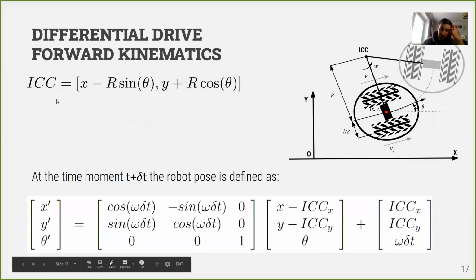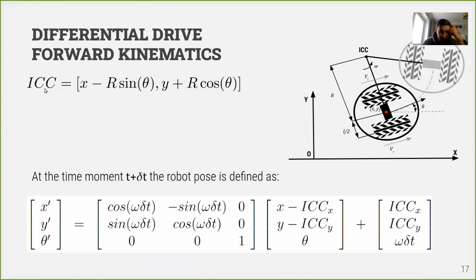And we can compute the instantaneous center of curvature by using simple triangular geometry formulas. We will not go into details here. I hope you can derive them on your own, but for the moment, take it for granted that this is the equation for the instantaneous center of curvature.